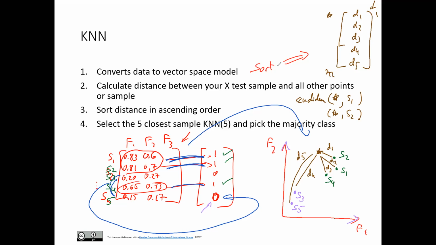Once you bring up the shortest distances, then you will know. So for this example, for instance, let's look at this graph here. Would you say that the star is green or purple?